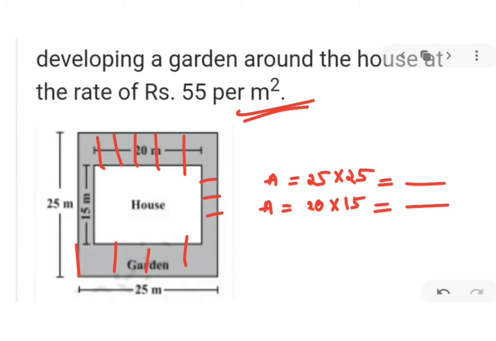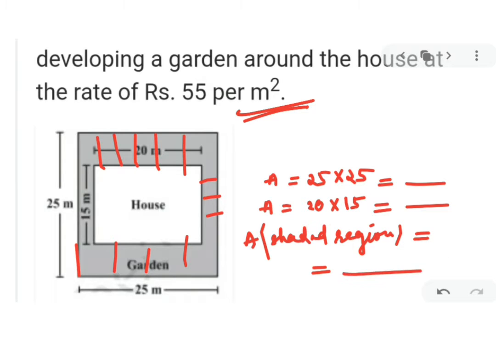You have to subtract to get the area of the shaded region. Am I correct with this? Whatever area of the shaded region you get, you have to multiply with your cost per unit to get the total cost of the garden, because the shaded area is the garden area. Can you do that?